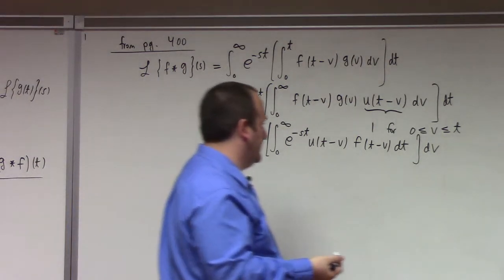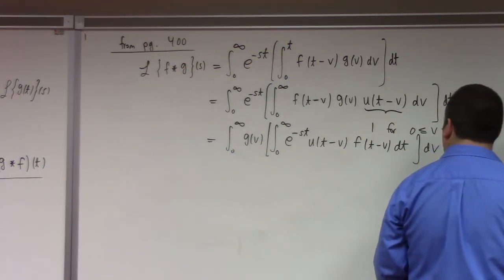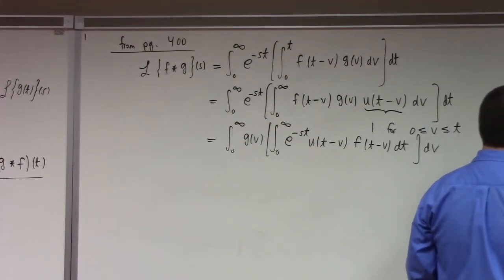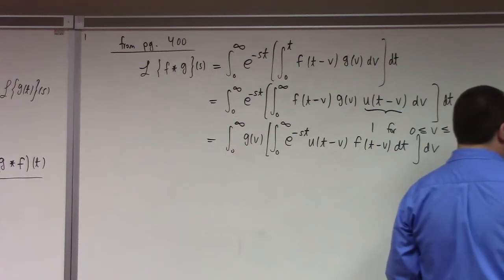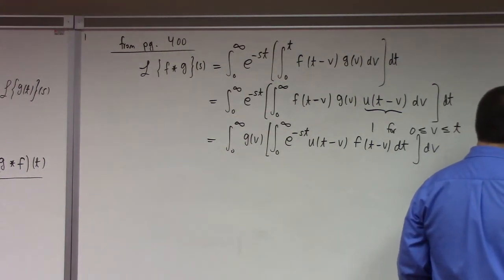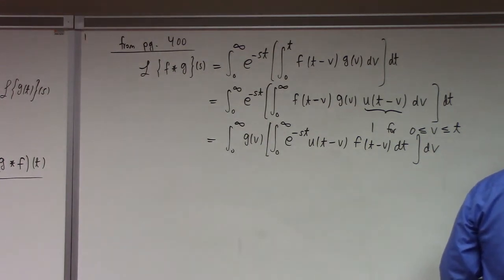In other words, by the same token, the Laplace transform of h of t minus a times u of t minus a is e to the minus as times h of s, right?